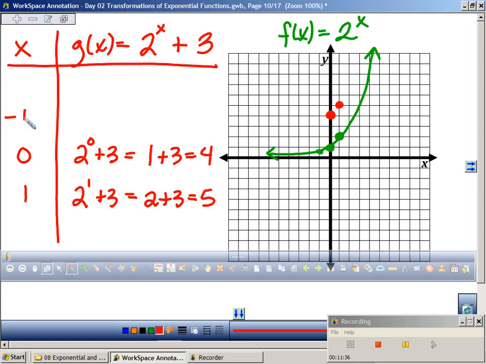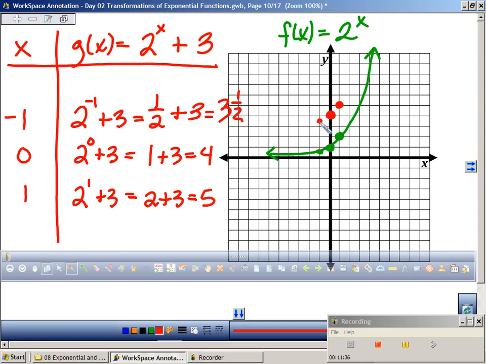Let's put in negative 1. 2 to the negative 1 plus 3. 2 to the negative 1 is a half, but I'm going to add 3, which equals 3.5. Can I say it like that? Isn't that easier than changing them both to fractions? And we don't need to do that. If I have 3 and I add a half on a graph, I just know I have to go over 1 and up 1, 2, 3, and a half.